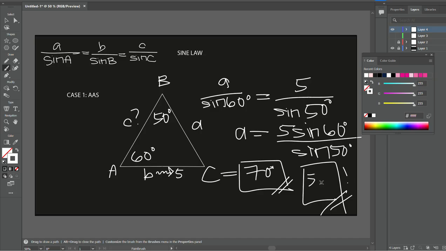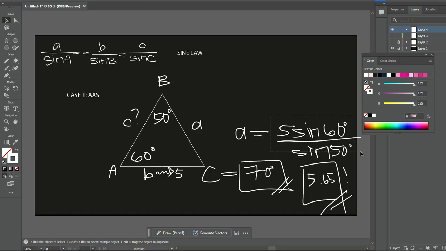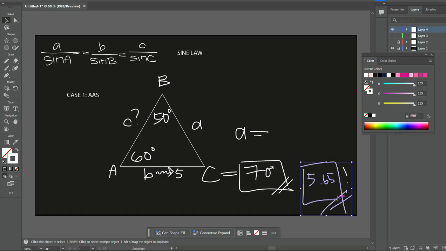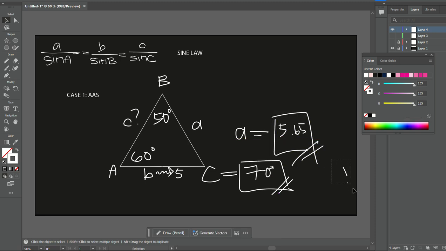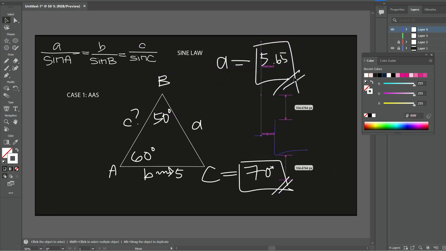It's 5.65 when you do that on a calculator. Side.